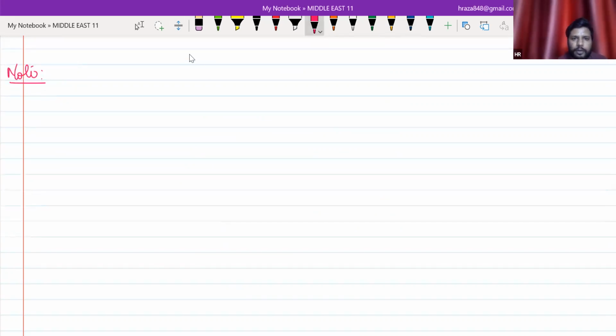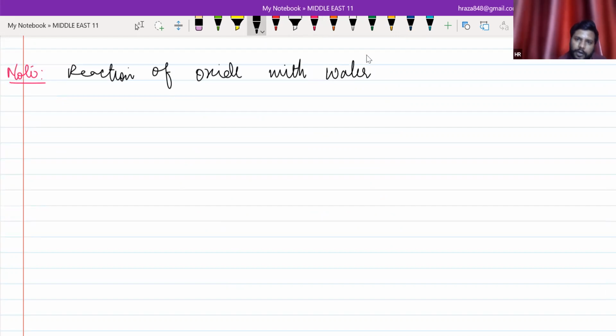Now, write a note with me. Reaction of oxide with water. What will it form? Oxide, peroxide, and superoxide. If it is oxide, that is Li2O, and it reacts with H2O, it will give hydroxide.